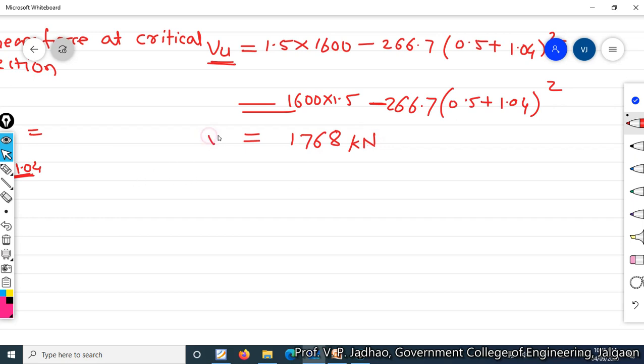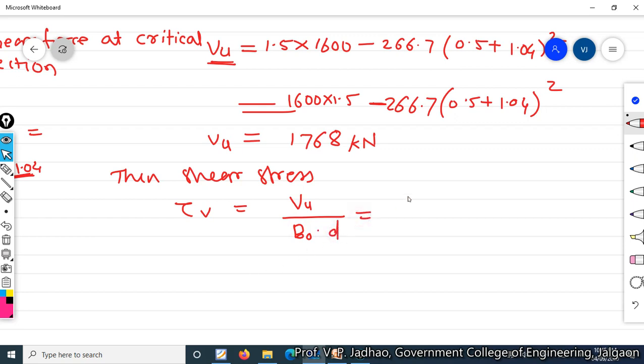This is our shear force, then shear stress tau v will be equal to Vu divided by B0 into D, capital B0 or small b0, whatever you want to write. We have Vu equal to 1768, considered in Newton, so into 10 raised to power 3.